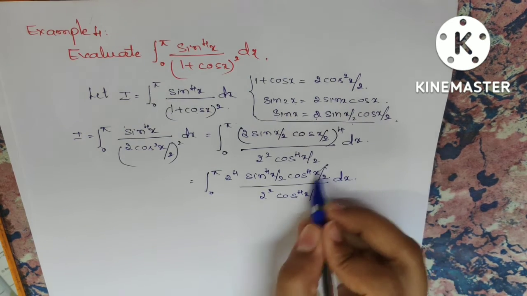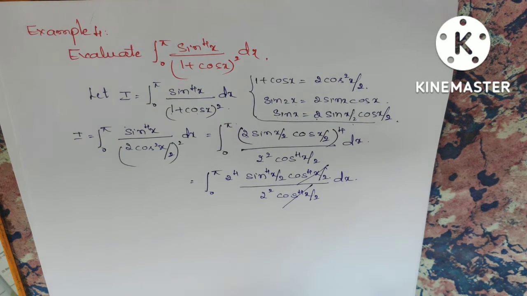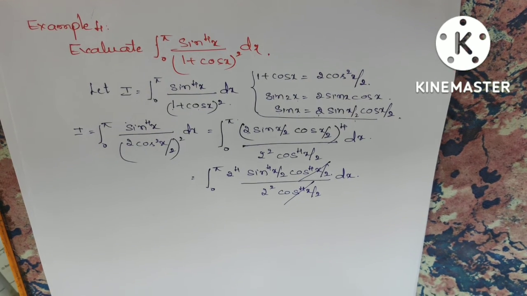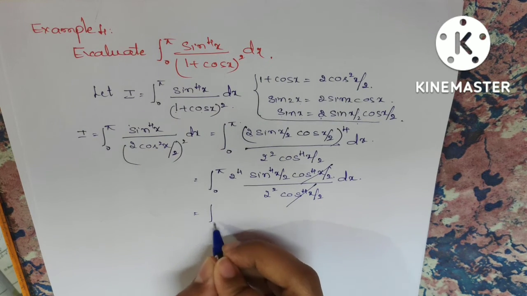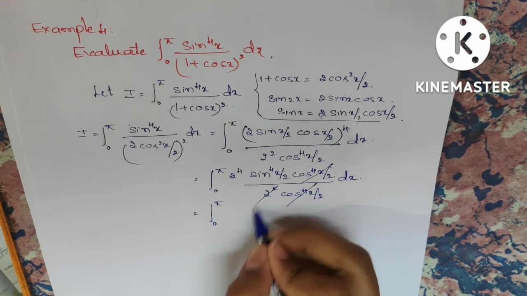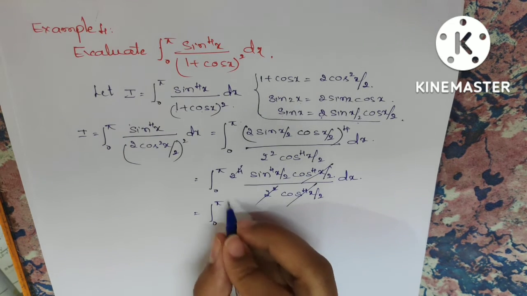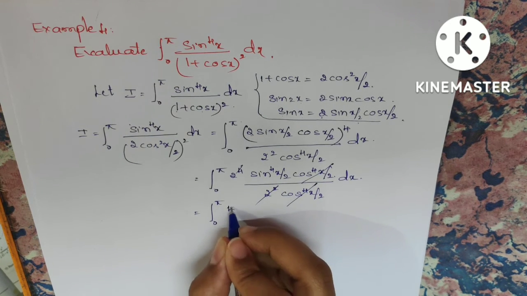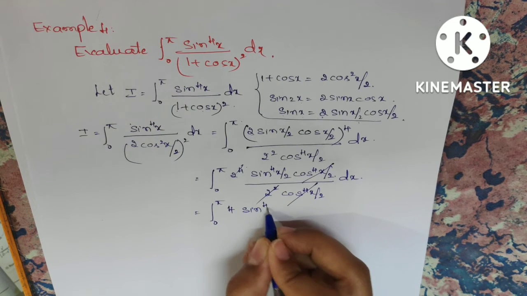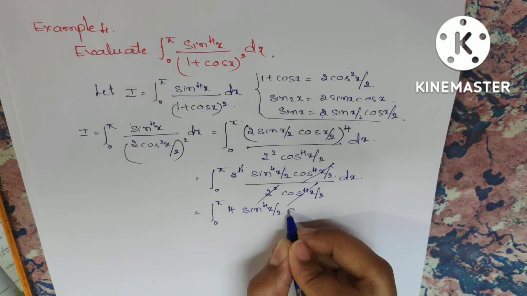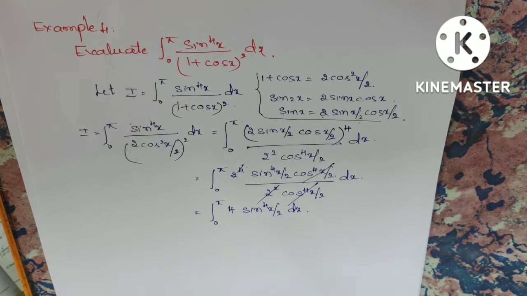Here cos^4 x/2 will get cancelled. So this equals integration from 0 to pi, 2 square will get cancelled. The remaining will be 4. 2 square is 4, sin^4 x/2 into dx.